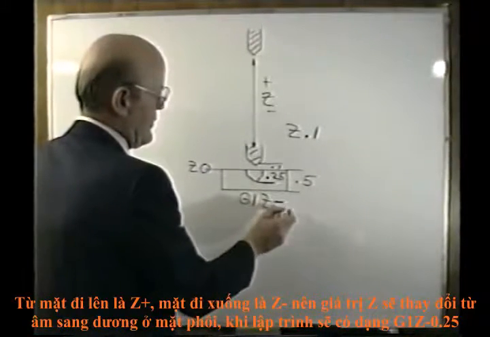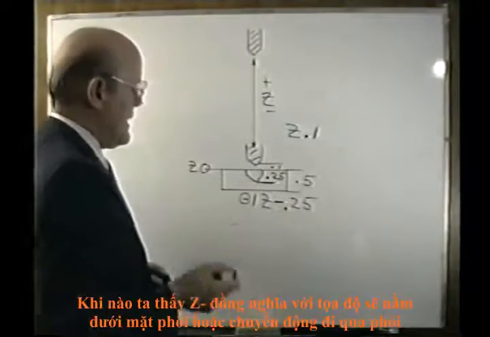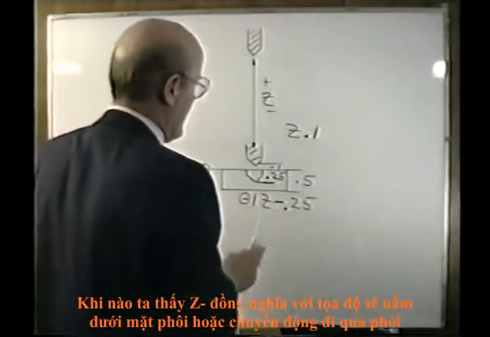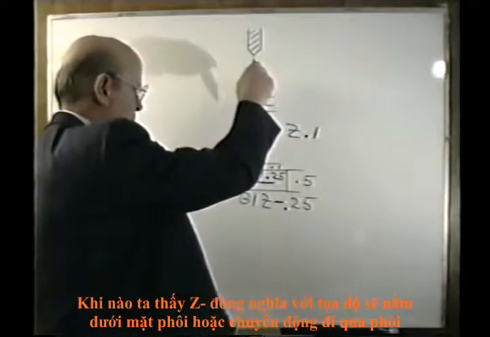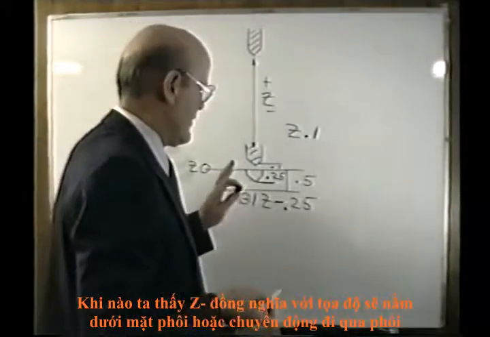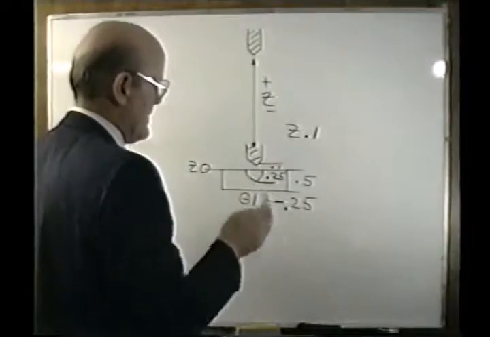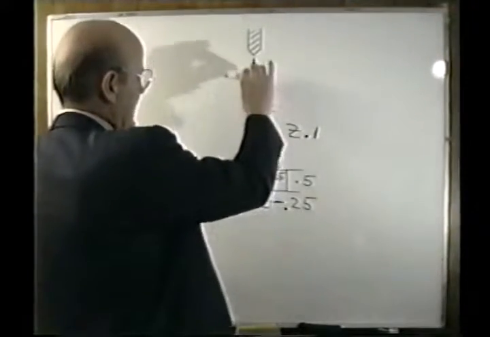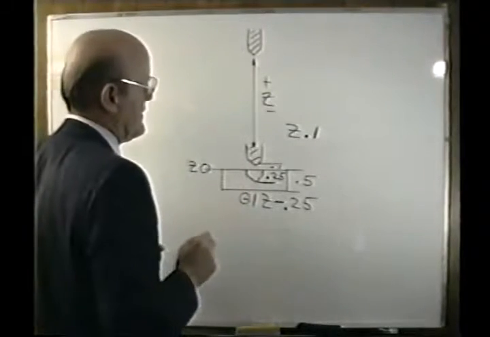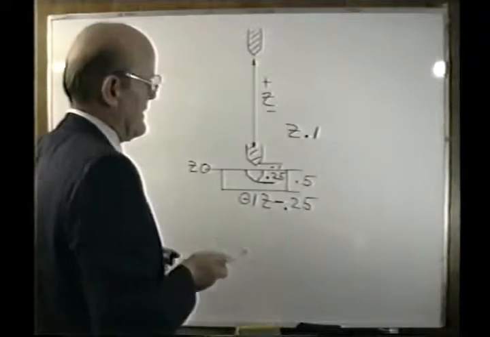Minus the actual number, 0.25. Anytime we see a number in our program that's a minus Z number, we have done something that passed the surface of this part. We have actually gone into our part. Anytime we see a number that's positive, we are clearing our work part, as long as we call the surface Z0. Now that's the coordinate system up and down on a machine like this.